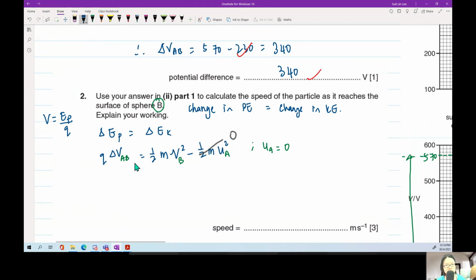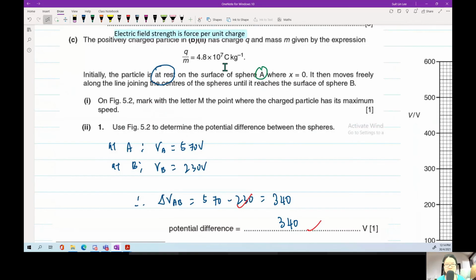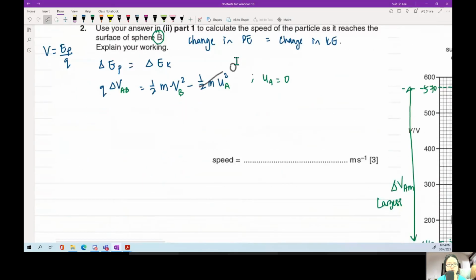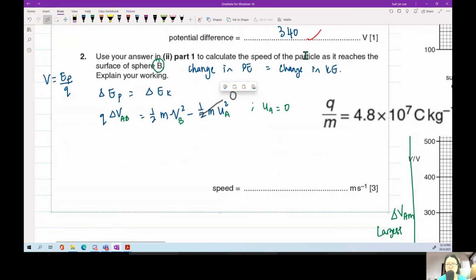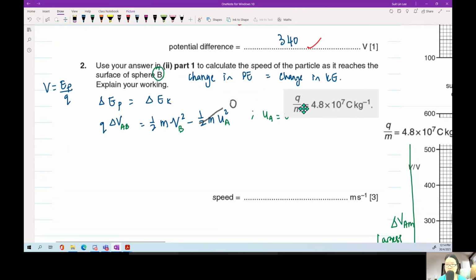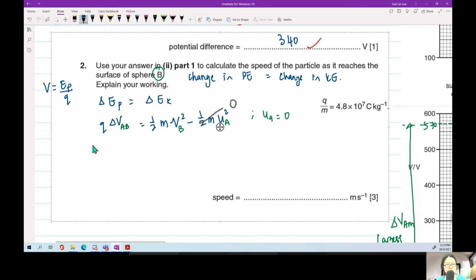Beautiful. Okay, I notice here that I have a Q over M. So I'm going to want to use the Q over M later. So I'm going to bring the Q over M on one side.